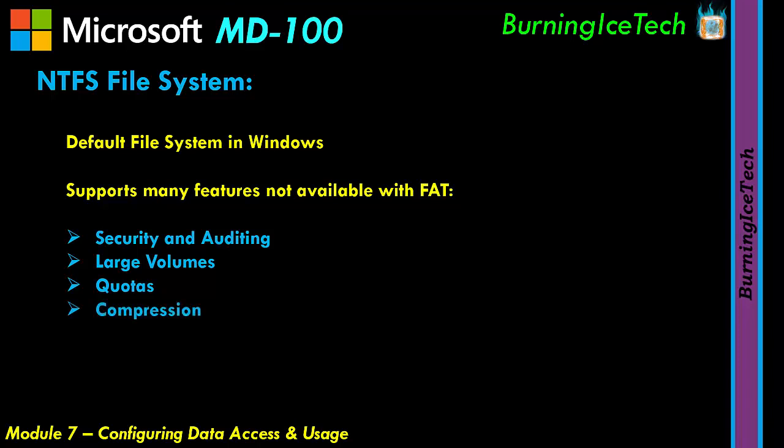With NTFS, you now have compression. Some of you might know WinZip or WinRAR, but Windows actually has a built-in compression function. You just right-click on a file or folder, and normally you will be presented with a long drop-down list of options. In that drop-down list, there's an option that says send to.